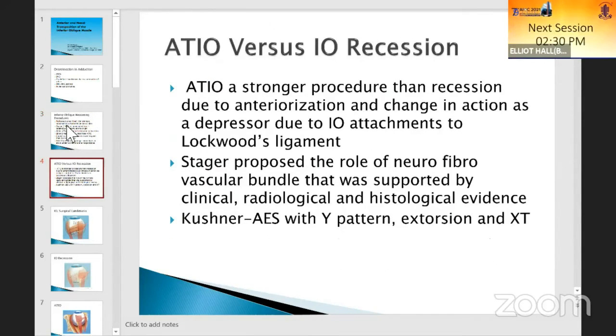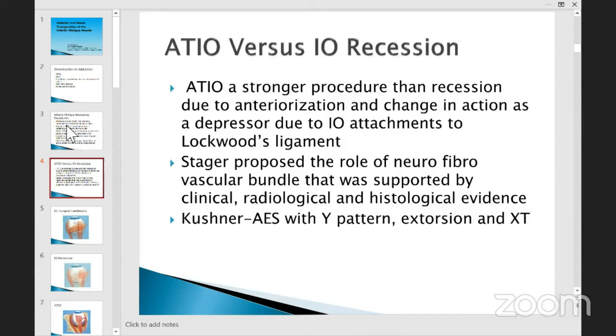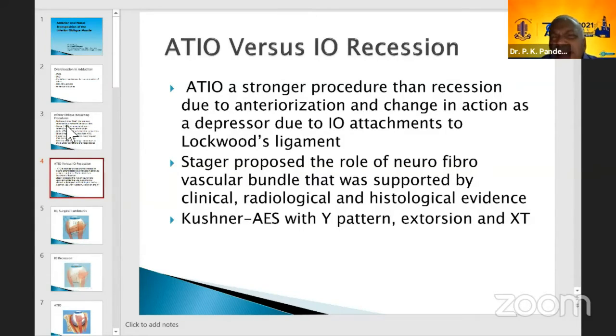Sir, please put the slide on full screen. It's not coming full screen. On my computer it is full screen. Sir, it's not in slideshow mode. Where is the slideshow mode?